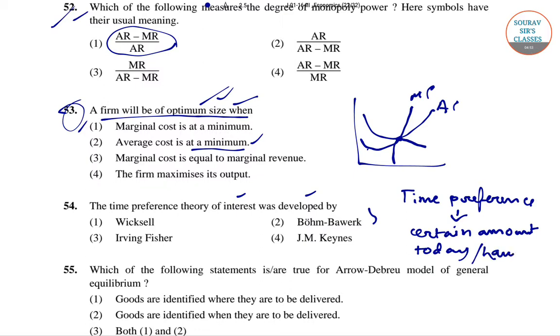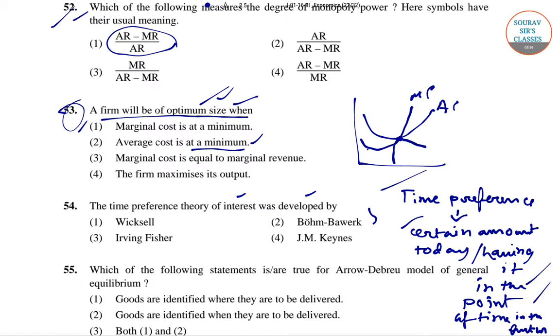So Irving Fisher basically gave this time preference theory of interest.